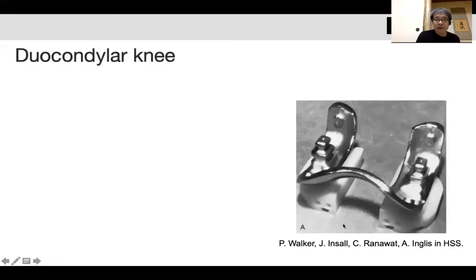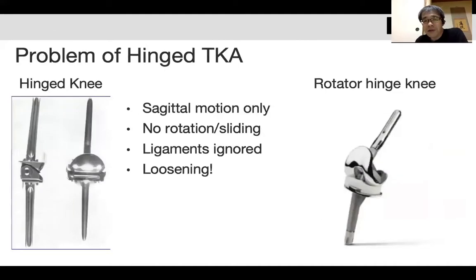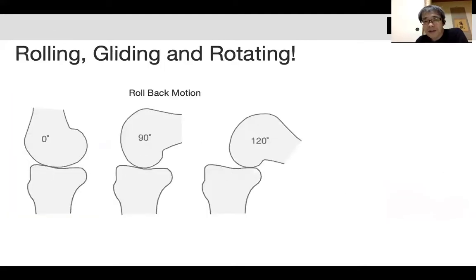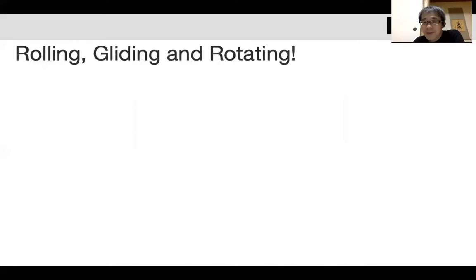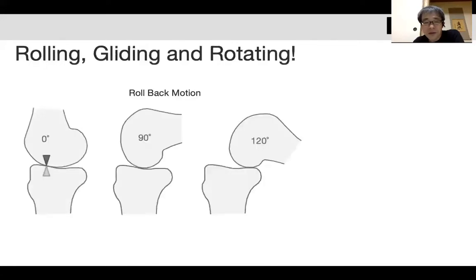Okay, going back to the previous slide. The first type of anatomical approach is like this, with two components, something like a bicondylar unicompartmental arthroplasty, just like a TKA. But the result was not so good.